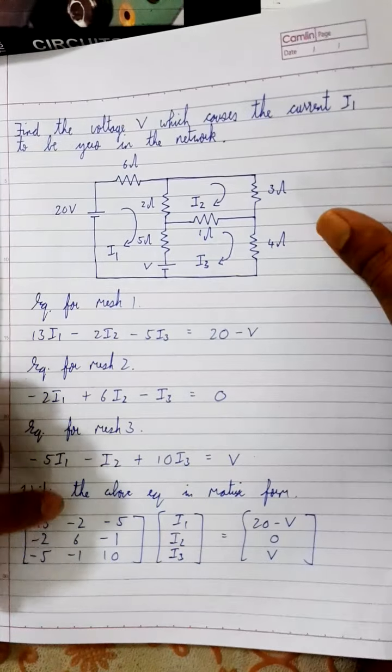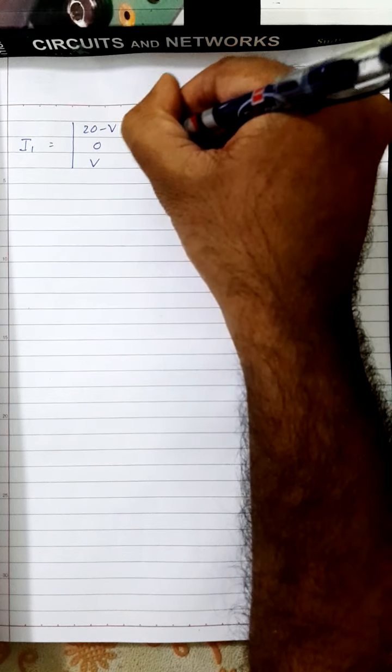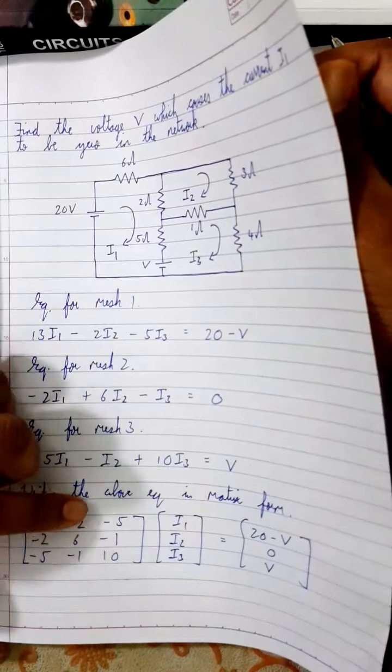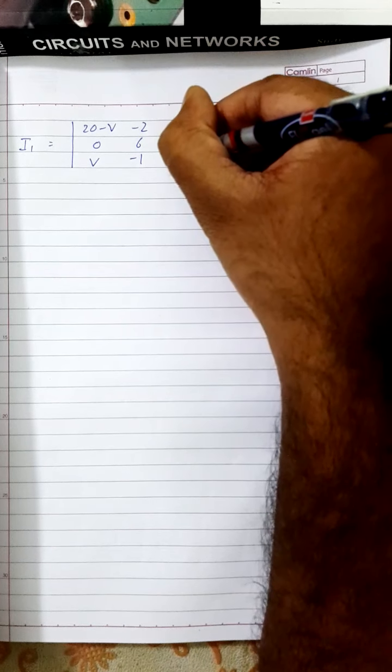The second column is the same, minus 2, 6 minus 1, and minus 5 minus 1, 10.